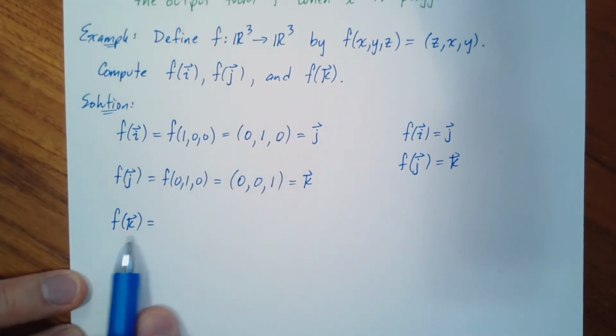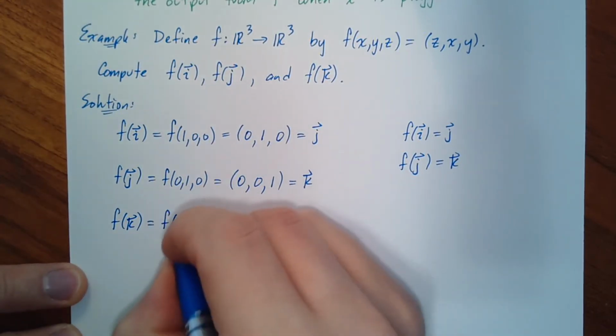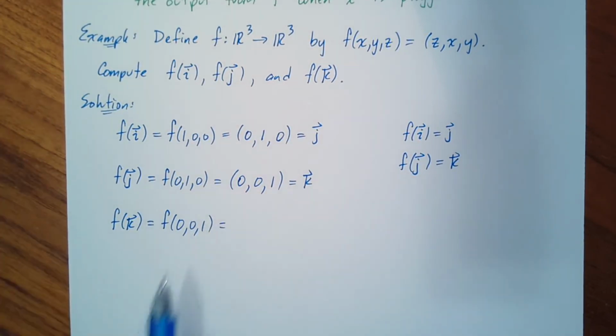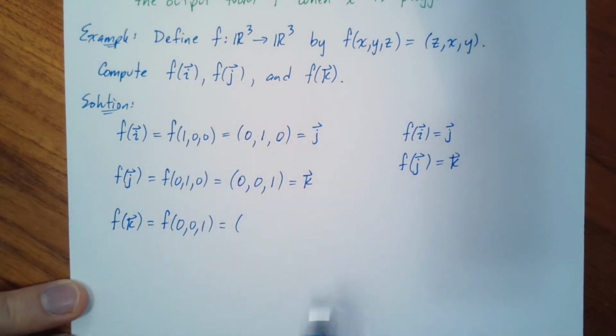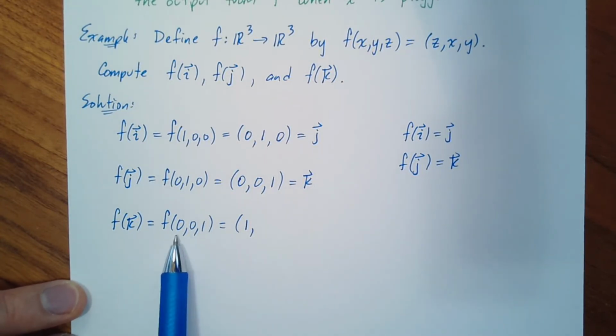All right, and then lastly, let's work out the last one, f of k. Well, let's start by changing notation. F of k is going to be f of (0, 0, 1). And, well, what's our output going to be? Follow the same pattern. The first coordinate is going to be the third coordinate of the input vector, so we're going to have a 1 here. Now the second coordinate of our output vector is going to be the first coordinate of the input vector, which is a 0.